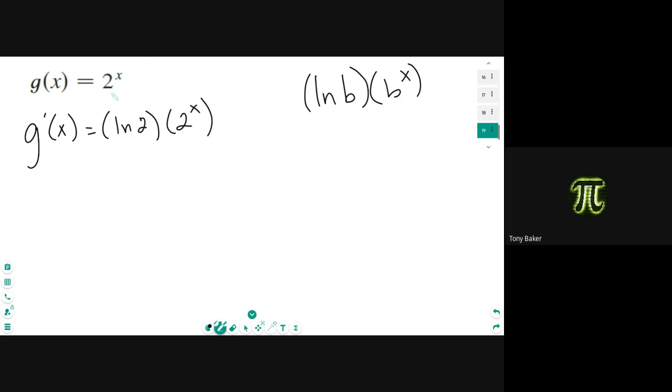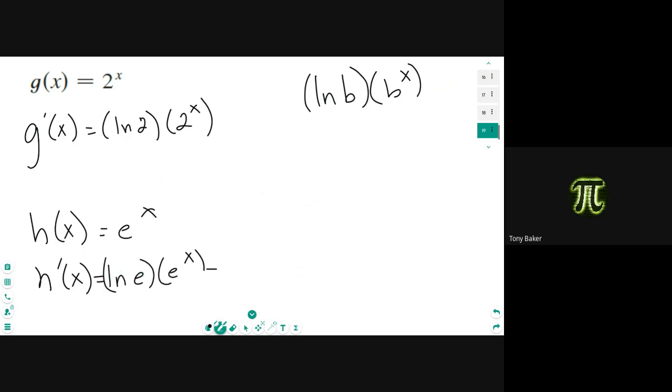So whatever number is there, it becomes ln of that, and then it stays the same after that. And like we just said, if it was e to the x, it's ln of e times e to the x, which is just e to the x.